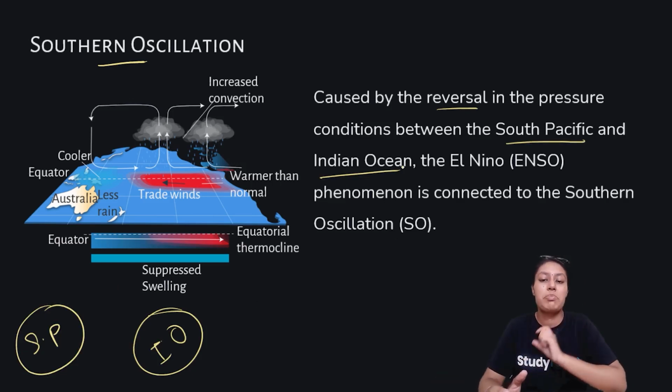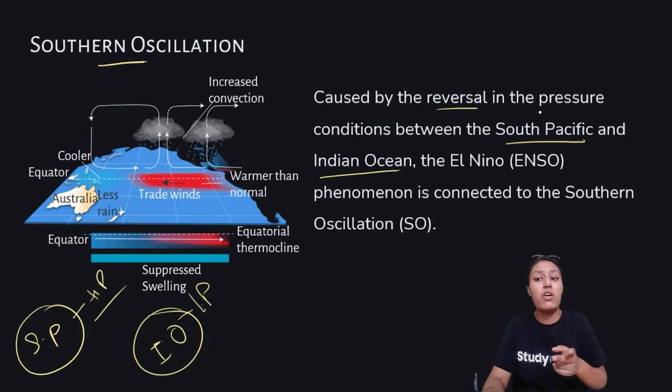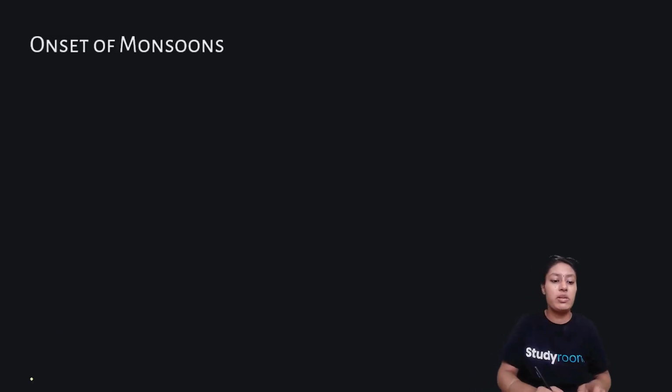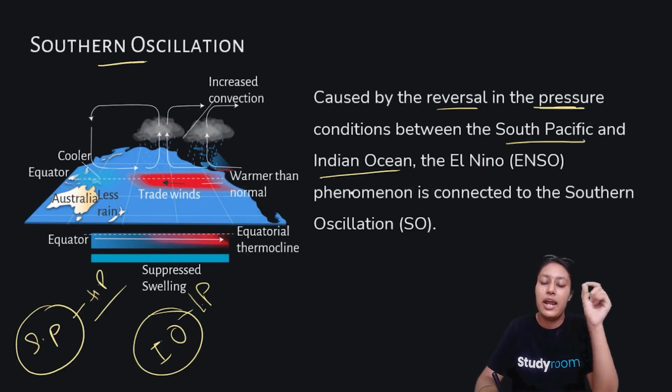Because of the pressure belts which are almost the same, whenever there is a high pressure in the Southern Pacific, there will be a low pressure in the Indian Ocean, which means there will always be a reversal in the pressure between the Southern Pacific and Indian Ocean.